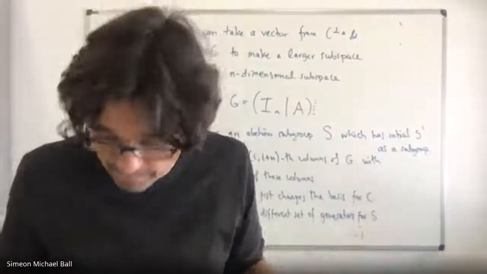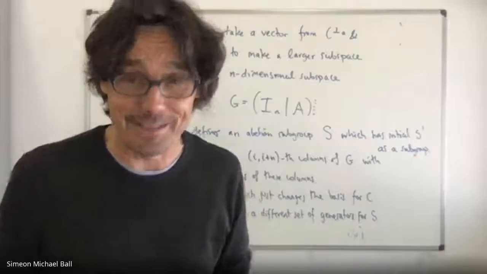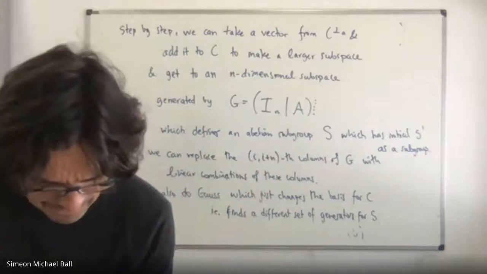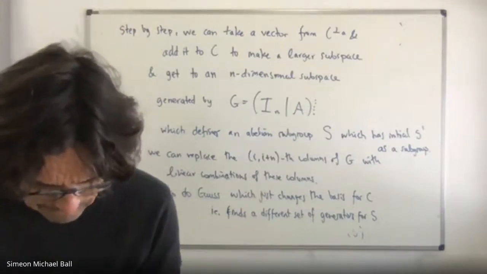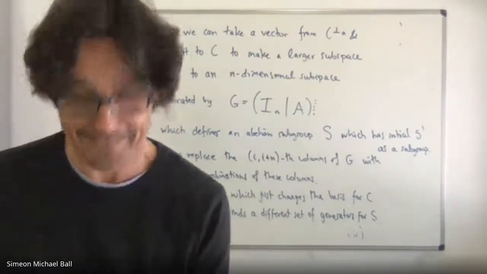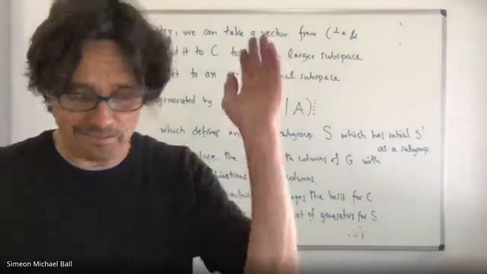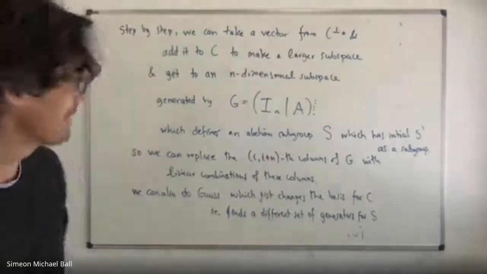Mm-hmm. Yeah, I only thought about it this morning, so I don't have time to think about it yet, but it seems fair enough. Anyway, let me get on. Will the graph still describe a commutative subgroup? It's like you've just eliminated.